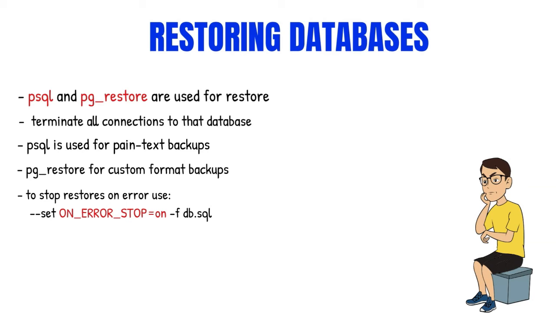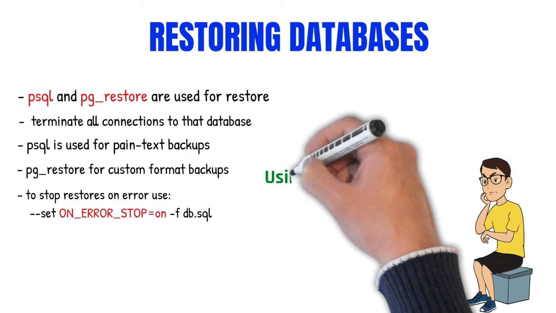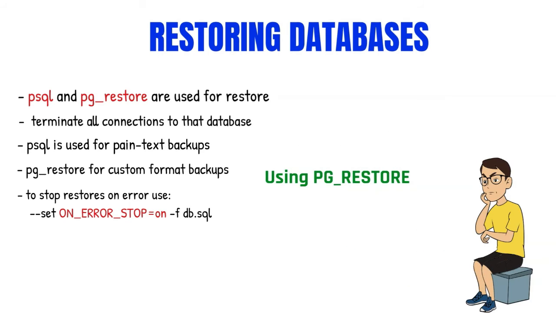So besides the psql tool, you can also use the pg_restore program. You can use this to restore databases backed up using pg_dump or pg_dumpall. With the pg_restore program, you have various options for the restoration of the databases.